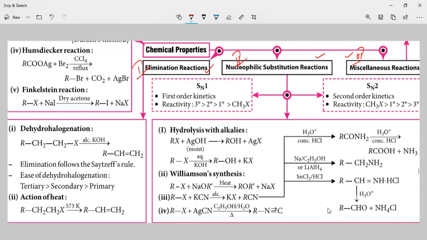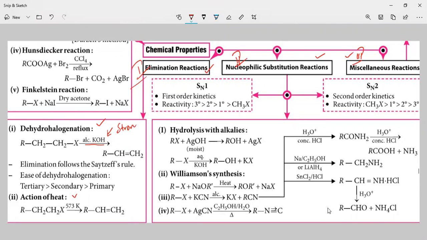First let us discuss the first type of reactions, called elimination reactions. Alkyl halides will undergo elimination reactions by dehydrohalogenation as well as by the action of heat. When you treat an alkyl halide with alcoholic KOH, remember this alcoholic KOH is a strong base.